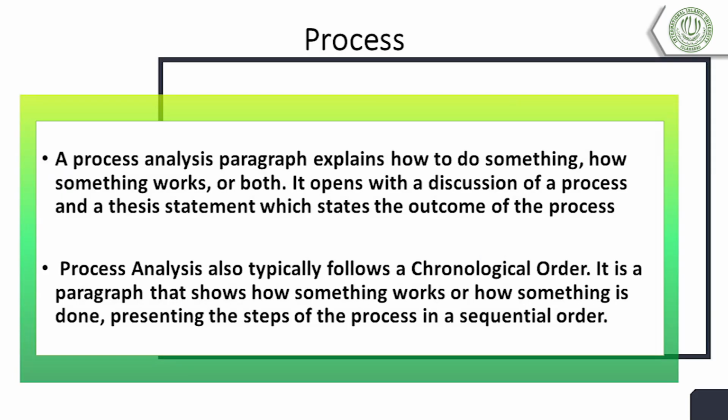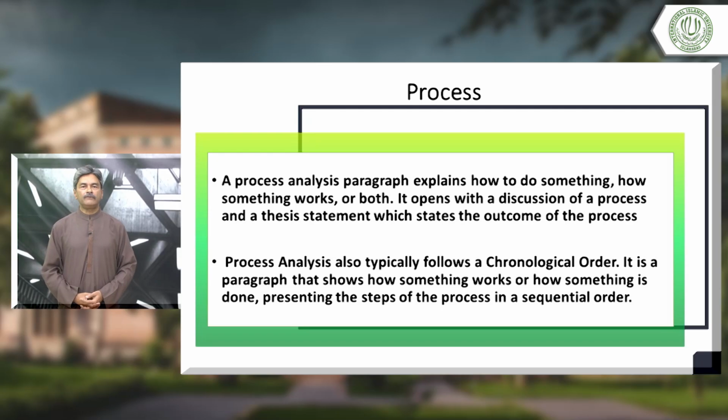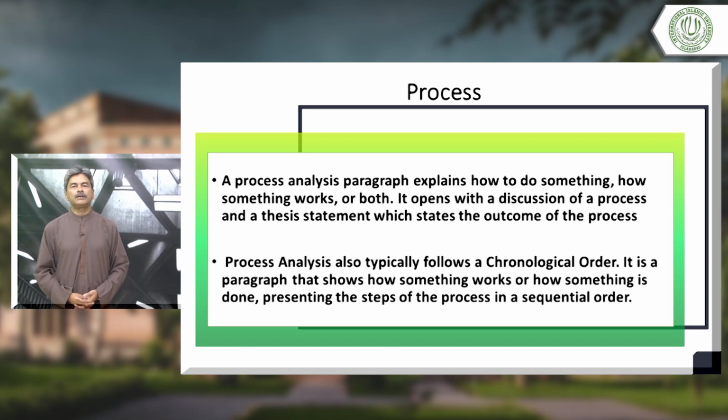Next is process analysis, another type of paragraph writing. A process analysis paragraph explains how to do something, as the word suggests, how something works, or both. It opens with a discussion of a process and a thesis statement which states the outcome of the process.